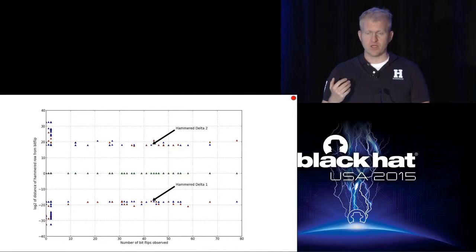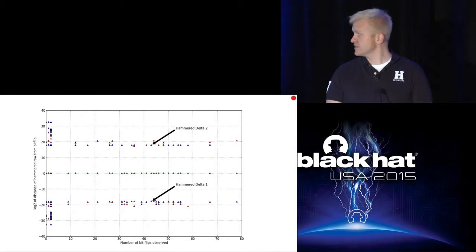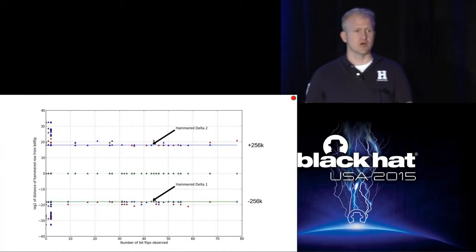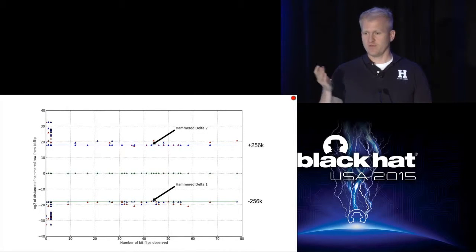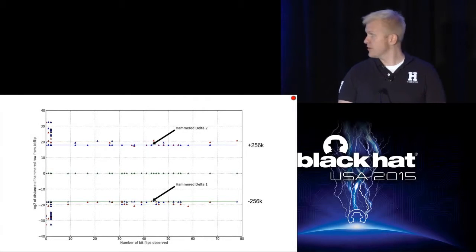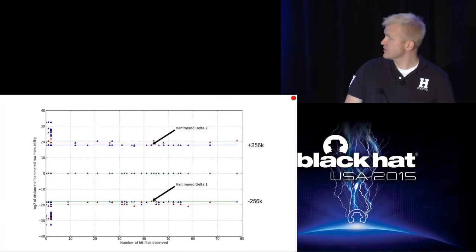And what we saw very quickly is that anytime we got many bit flips, 20 plus and so forth, we had a fixed distance that we were hammering from the target area where the bit flips were occurring of roughly 256K above and below. Meaning that if you picked your addresses correctly, then all of a sudden on laptops of the same model, you would be much better at hammering. And we thought about what's going on here, and then we understood what was happening. And what was happening is the following.